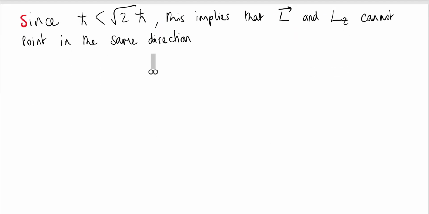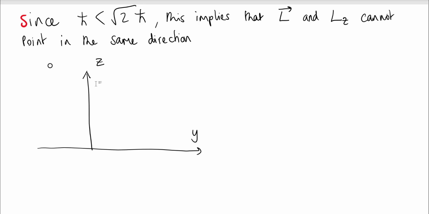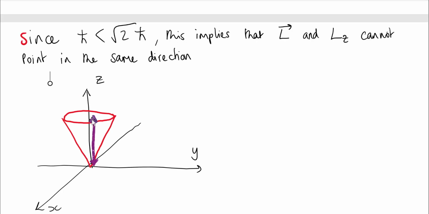And here's what we're going to do. We're going to draw something here. Here's my z-axis, and I've got my y-axis here, and my x-axis in this direction. What I'm going to show is that we've got a cone, and the height of this cone as I've drawn it is h bar.